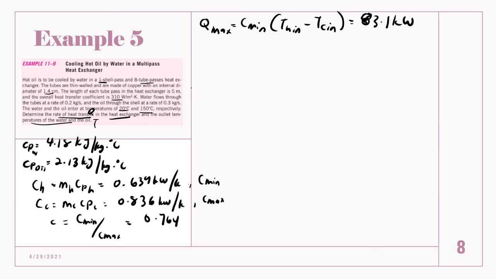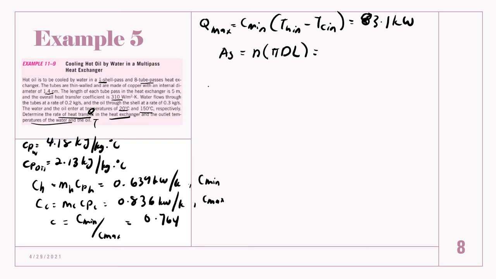So next step is to calculate the NTU, but before calculating the NTU, you need to know the area of this heat exchanger. So the surface area S is equal to number of tubes times pi dl.